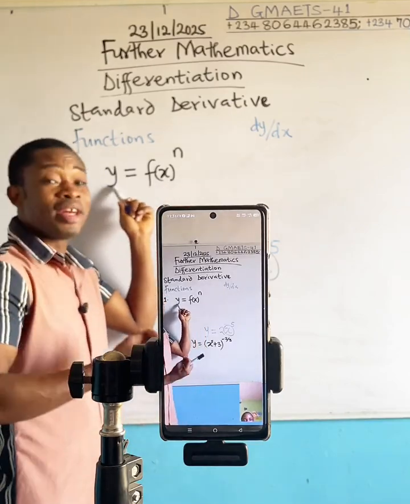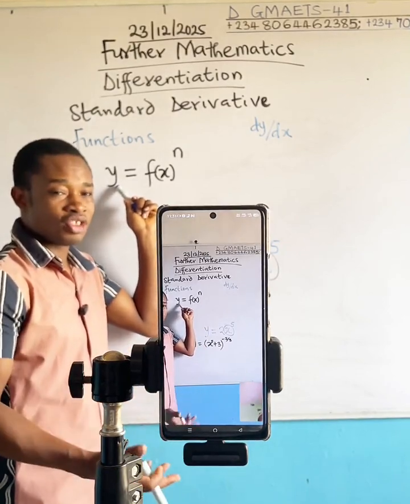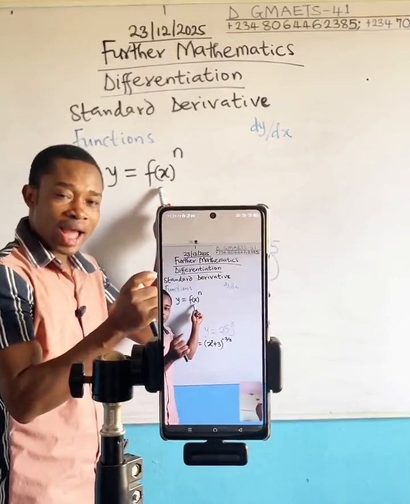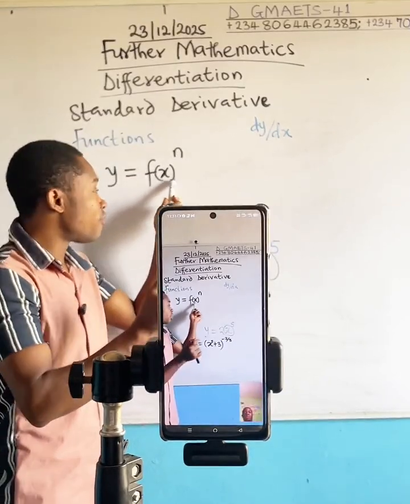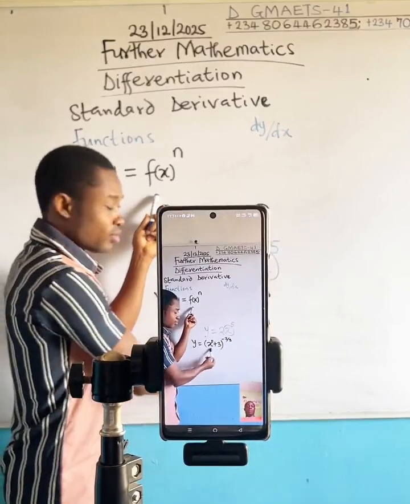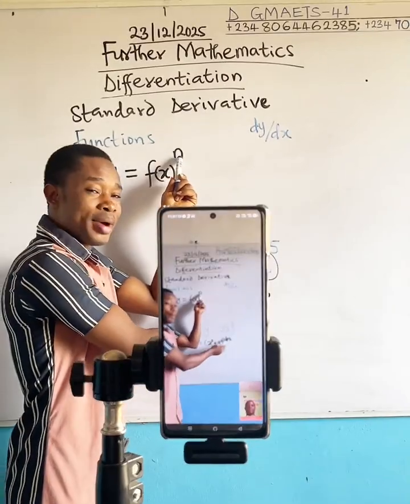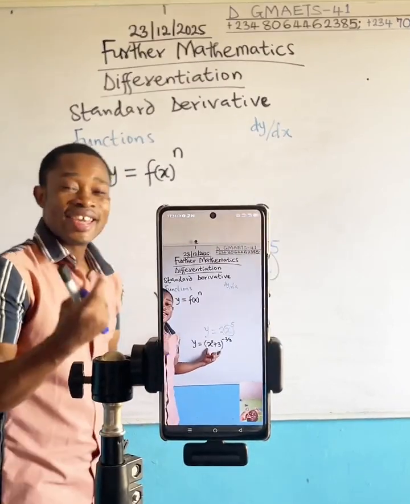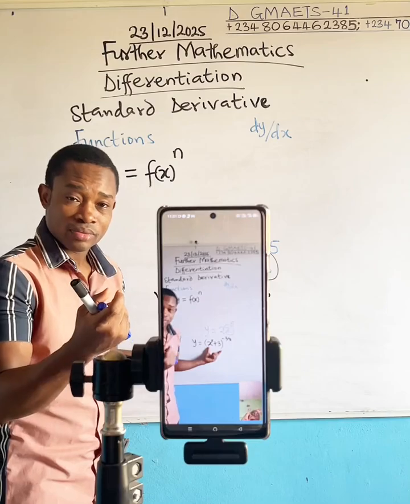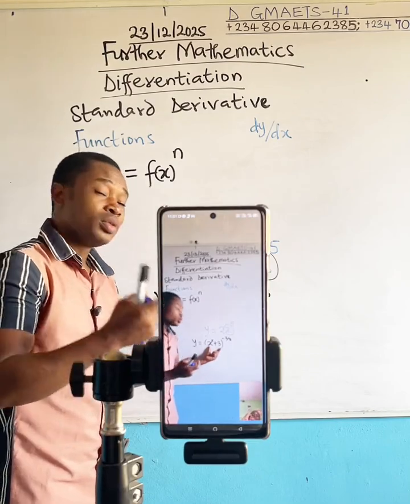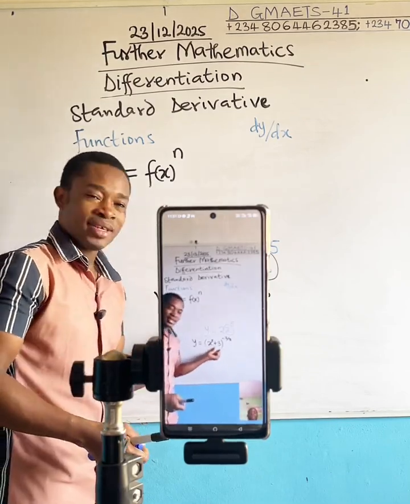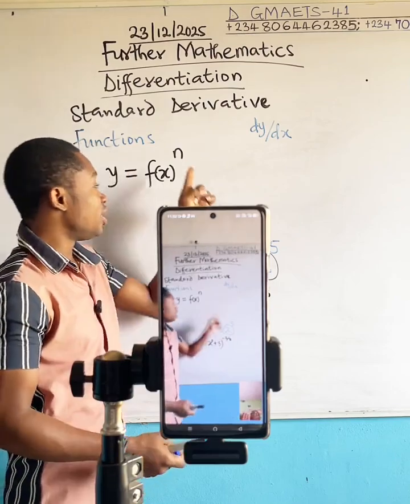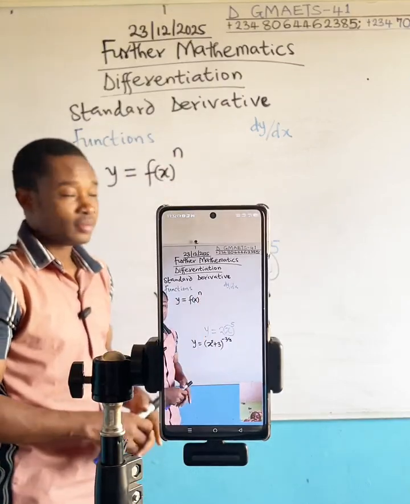You are given the dependent variable, whatever alphabet that they want to use, equal to, you now have a variable function as base, then raised to the power of a number. Take note, you have a base as a variable. Variable in the sense that you are seeing an alphabet in the base here. Then the power will be a number, because this n here is a number.